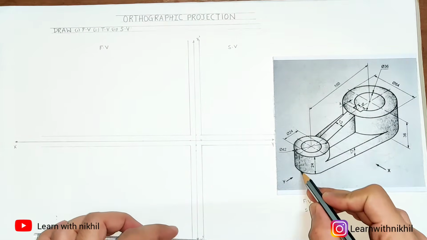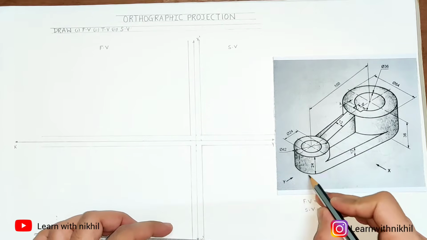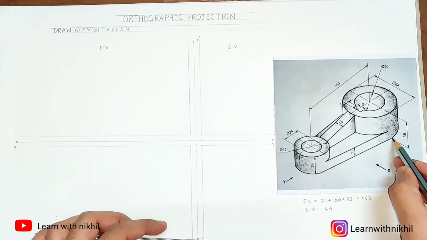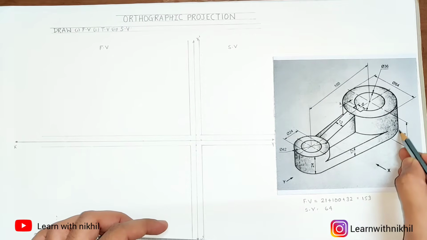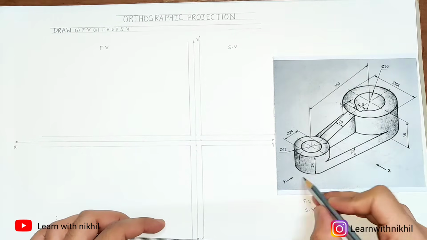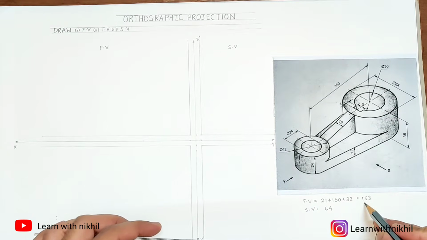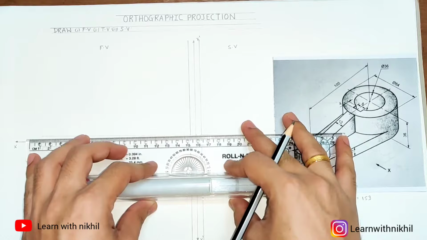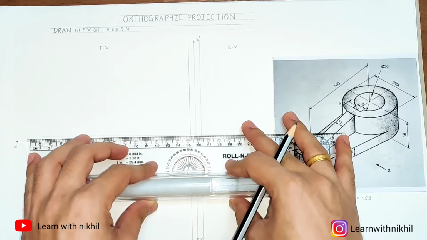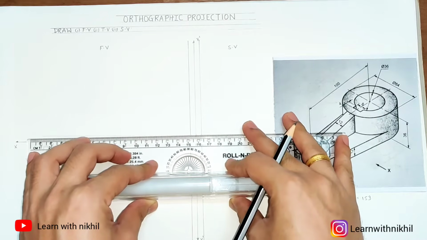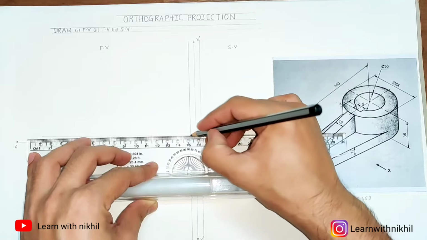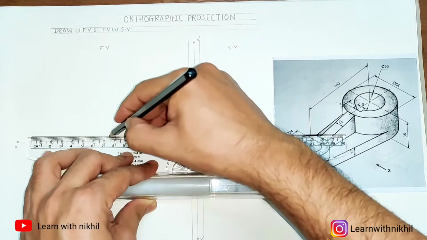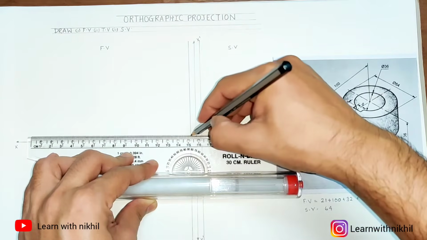Now moving towards the front view in the direction of X, this curve part, the circular curve part, will look straight from the front view. This both curves part will look straight from the front view. And the total length is 153, as we have already calculated that. So we will draw a dark line of distance 153 millimeter.